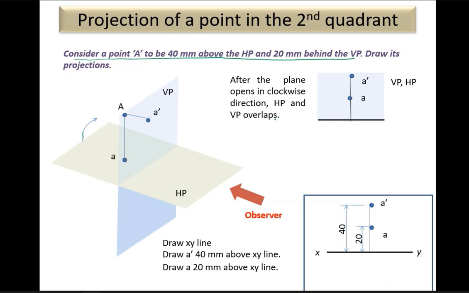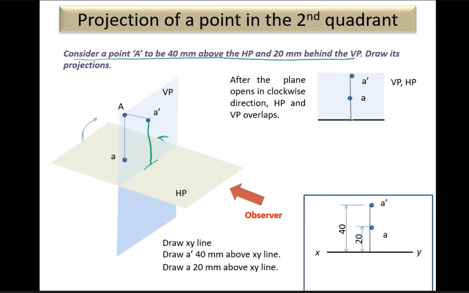Is it clear? So if you are observing the top view from here, in that case our object is behind the projection plane. Okay. So what is the projection from the front view? You'll get this projection from the front view on the XY line.